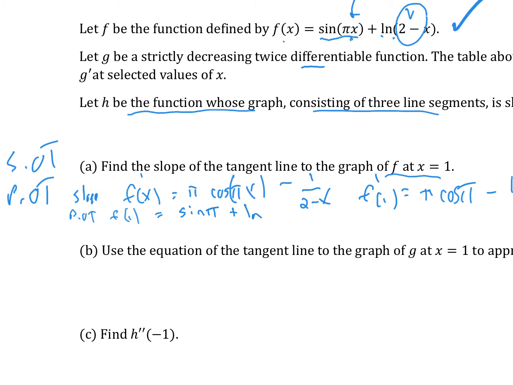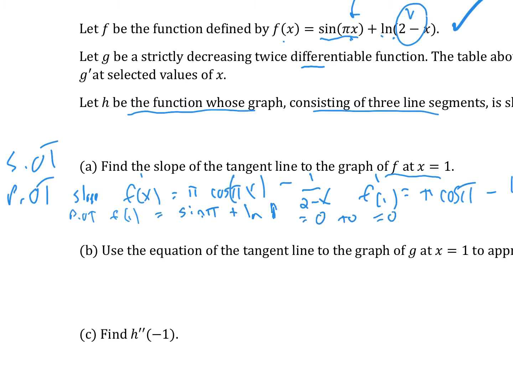That's a natural log of 1. Sine of pi, we know, is 0. And natural log of 1 means e to what power is 1? Well, anything to the 0 power is 1. So that's 0. So I think it's 0.